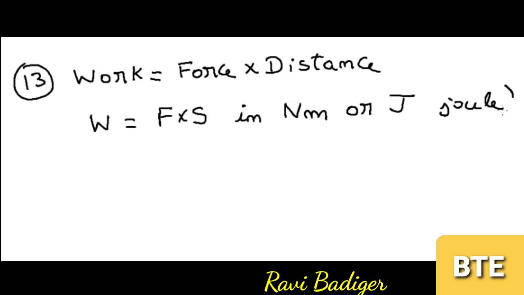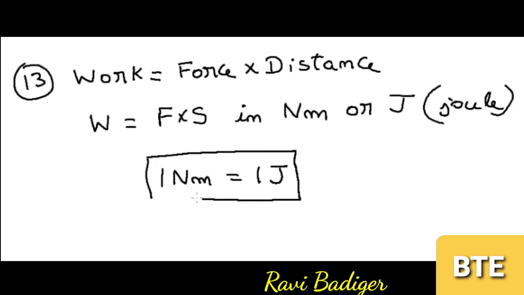These Newton meter can also be written as joule. That is 1 Newton meter is nothing but 1 joule. Joule is denoted by capital J. We need to remember the unit of work is nothing but Newton meter, but Newton meter is also equal to joule. So the unit of work is either Newton meter or joule. Also work is a form of energy, so the unit for energy is joule.